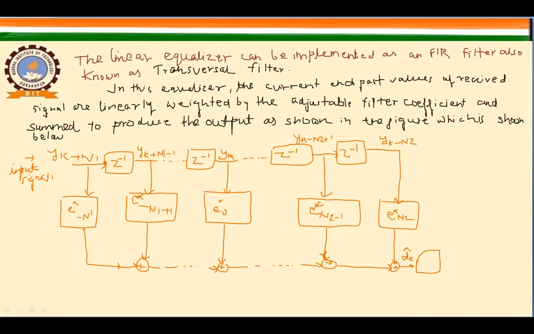So output is d of k after the recreation and comparing with the threshold detector.